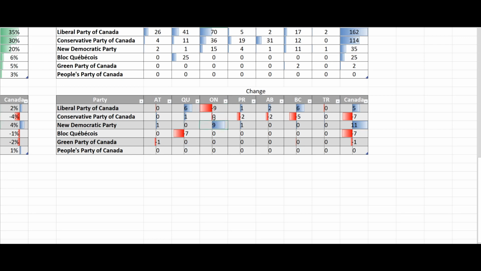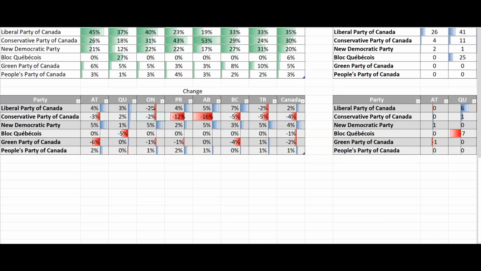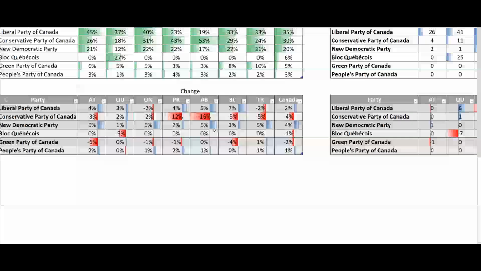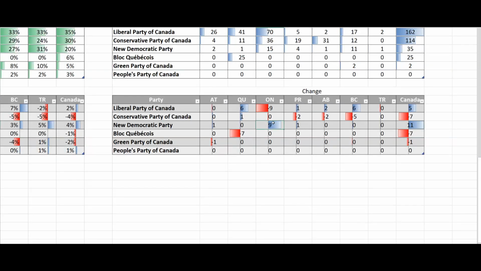I guess because of the way vote splitting works in Canada, the fact that the Conservatives lose a couple percentage points in Ontario isn't going to hurt them. Maybe those are all ridings where it's very close between the Liberals and NDP.